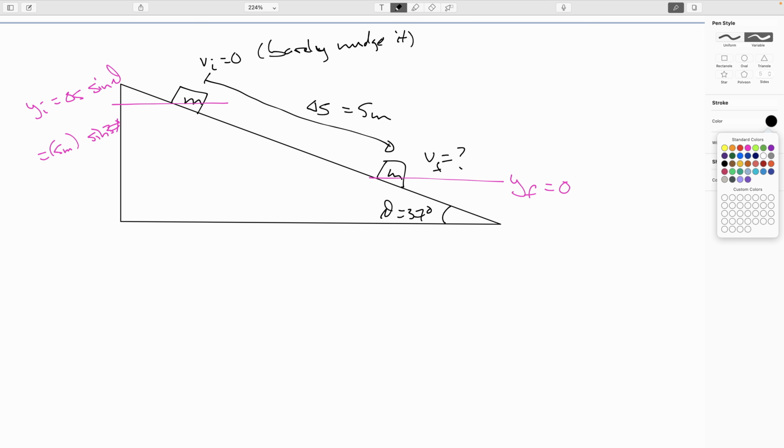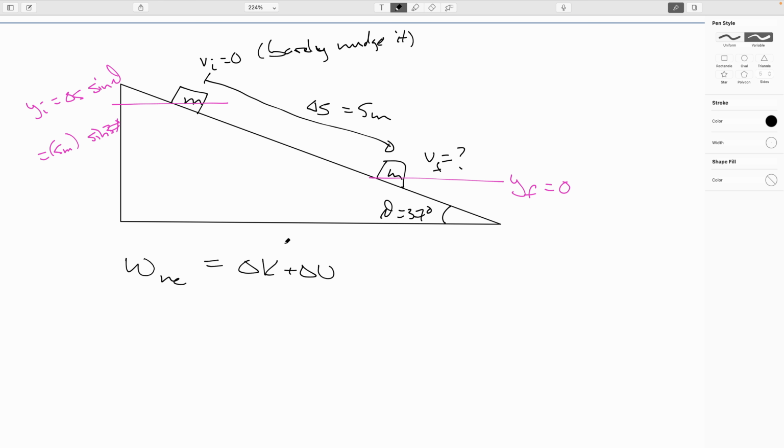Now, the full-blown version of the Work-Energy Theorem says the work done by non-conservative forces is equal to delta K plus delta U. So let's rearrange. Work non-conservative equals K final minus K initial plus U final minus U initial.